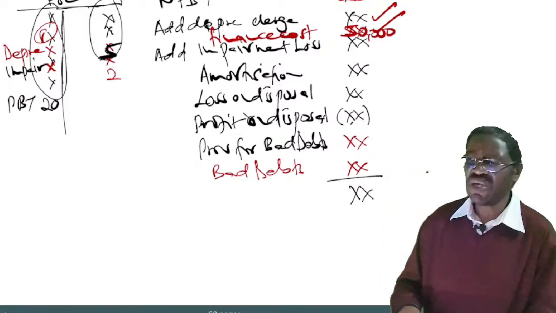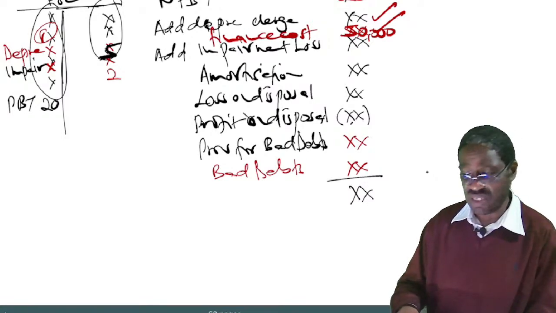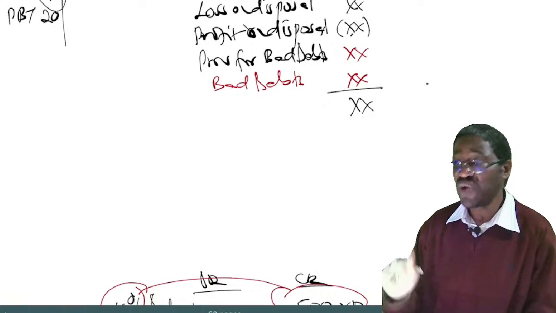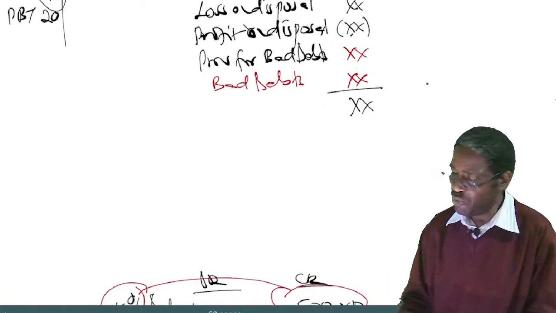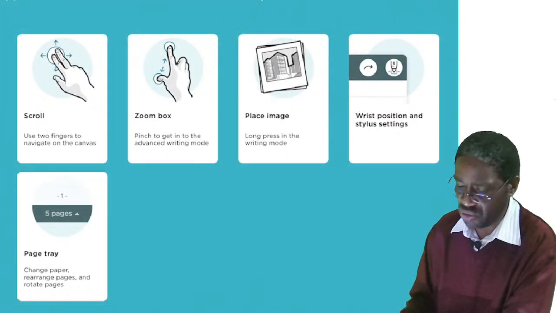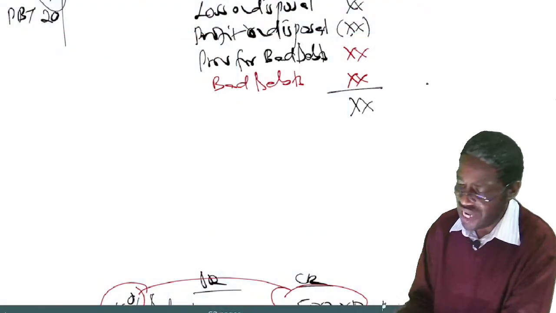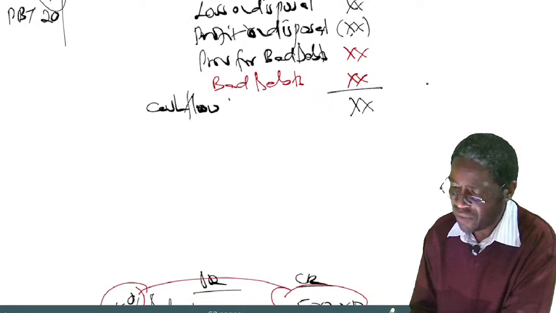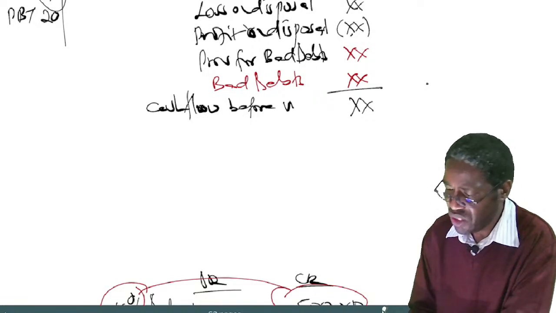Now, assuming that's all for the non-cash items, you get the net, and I hope you remember that net is what you used to call cash flow before working capital changes.